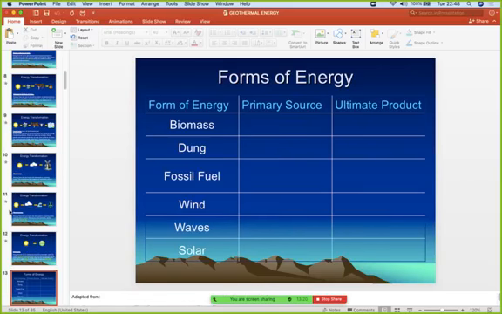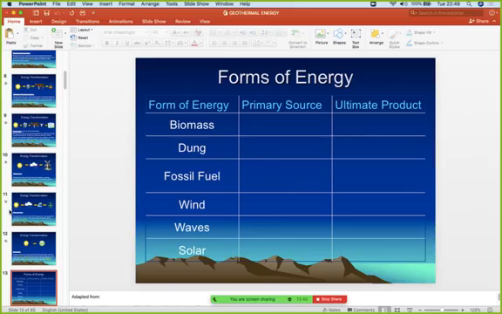So these are the forms of energy. You have the biomass, the dung, again the dung was the waste matter, no, coming from the animals. So we know the fossil fuel, we have the wind, waves, solar.